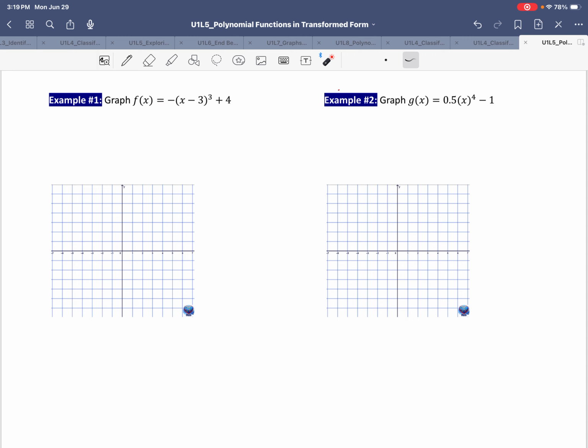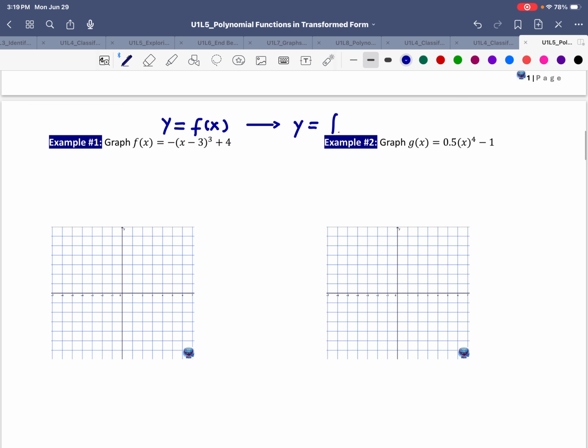Now remember that whenever a polynomial function of the form y equals f of x is transformed, so pretend y equals f of x is a parent function, then its equation is changed to become y equals, so we're still going to have the parent function sitting here, f of x, but now we will see a coefficient a that will multiply f of x, so that will change the y values in the y direction. It's a multiplier. That means that it will either expand it or compress it vertically.